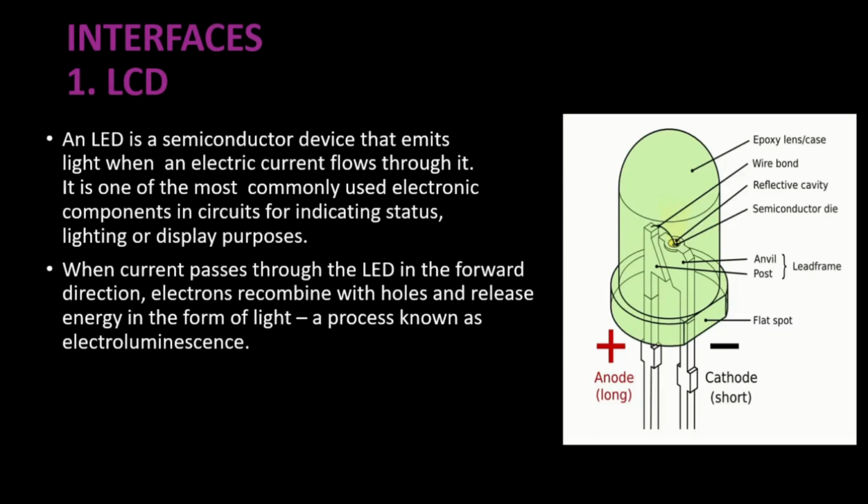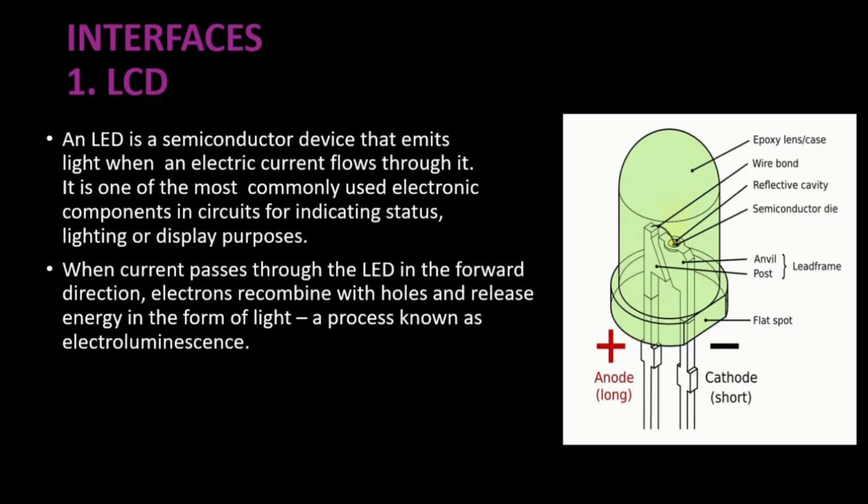Coming to the interfaces, the first one is LED. Sorry, it is LED. An LED is a semiconductor device that emits light when current flows through it. As I had said, it is one of the most commonly used electronic components to indicate the status, whether the output is correct or not, by emitting light.